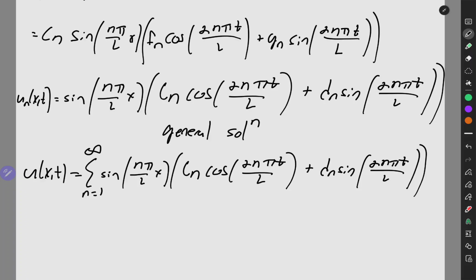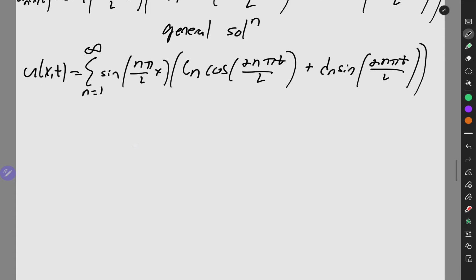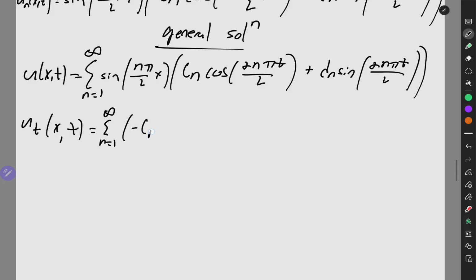Now remember, they also gave us an initial condition for velocity. So we have to actually, now that we have this, take the first derivative with respect to time. I want to move that sign to the end, by the way. I'm just going to move this all over.